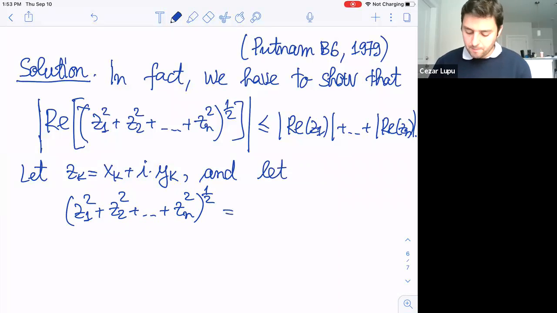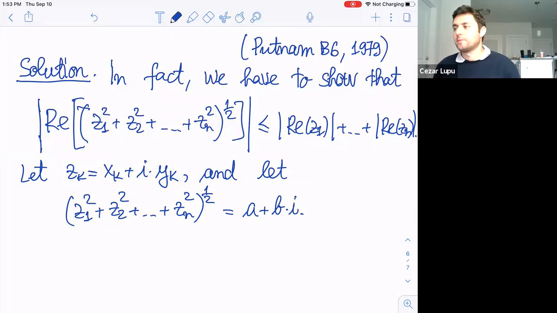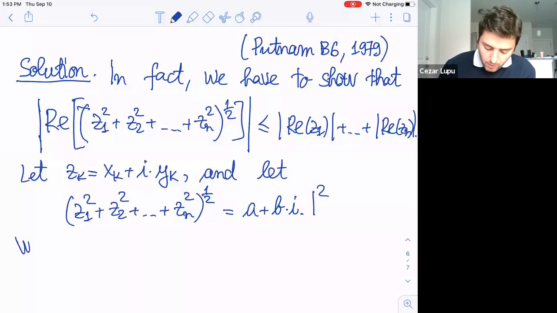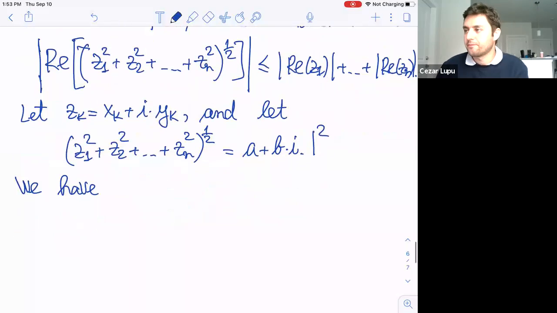And let this number be a plus bi. Now let's square this. We have that a plus bi squared gives you a squared minus b squared plus 2abi, and this is z squared.